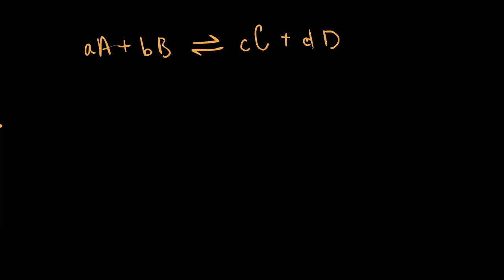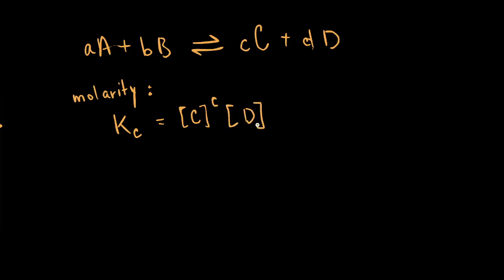If we have this generic form for a chemical reaction, then the equilibrium constant in the molarity form, which I'll distinguish in a moment, we call K sub C. Our equilibrium constant is going to be the concentration of our product C raised to the power of its coefficient, times the concentration of D raised to its coefficient, divided by the concentration of A and the concentration of B raised to their coefficients.